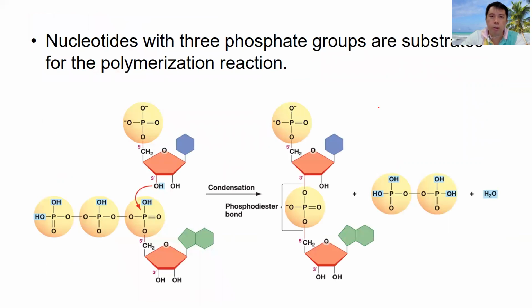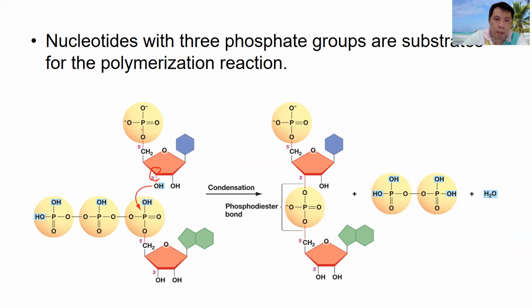In this case, I show you this is ribose, because the oxygen is here. In DNA it is also the same. This is carbon 3, the 3' end, which joins with the phosphate group to form a phosphodiester bond, referring to here.